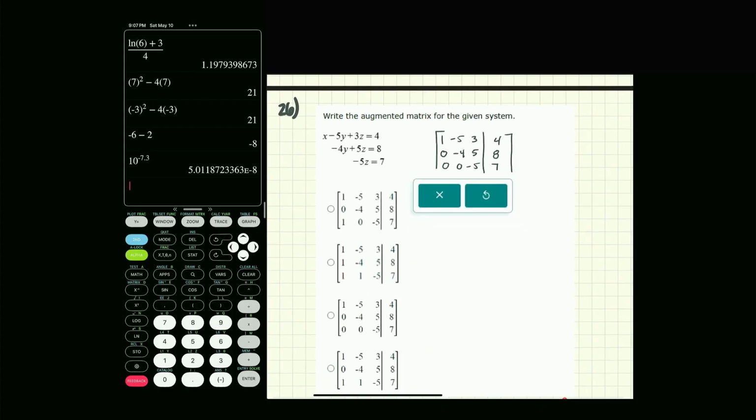26, again, reading this carefully. I still have some work there from Friday's session. But reading this carefully, they want us to write the matrix for the given set of equations. So we're just taking these equations and rewriting them in matrix form. We're not solving anything. We're just copying and pasting values.